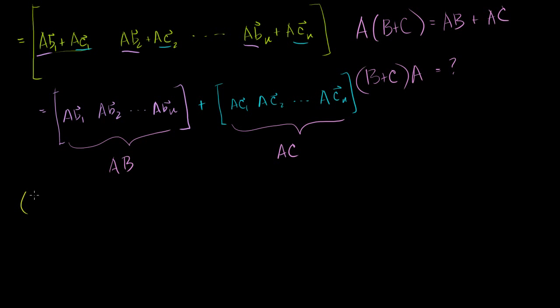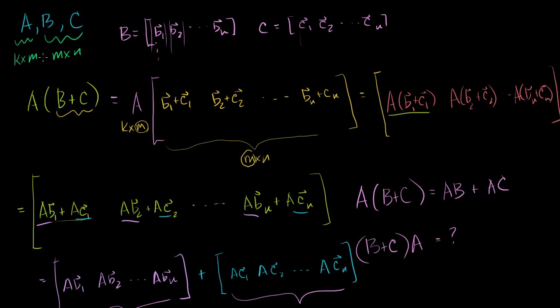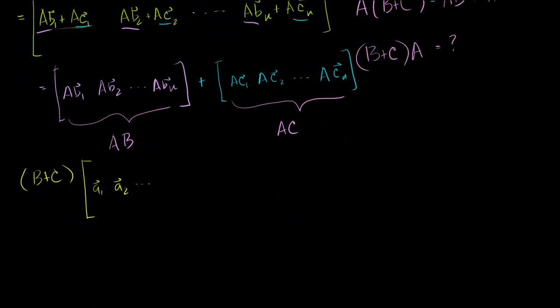So let's take B plus C times A. And I'll just write A as its column vectors: A1, A2, all the way to, A has m columns, if I remember correctly. Right, A has m columns. So all the way to AM. And by the definition of matrix products, this is going to be equal to the matrix B plus C, which we can represent as a sum of two matrices, but this is just a matrix.